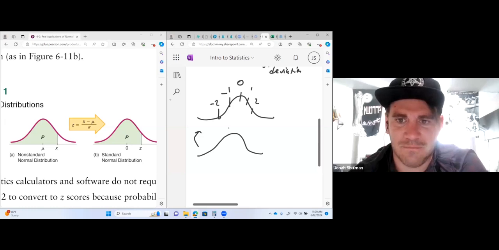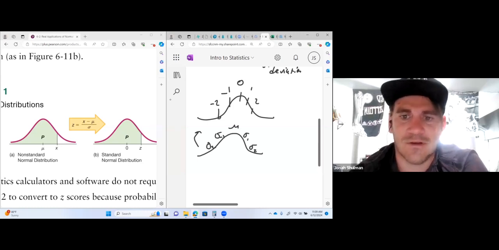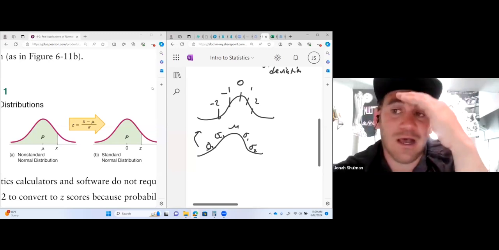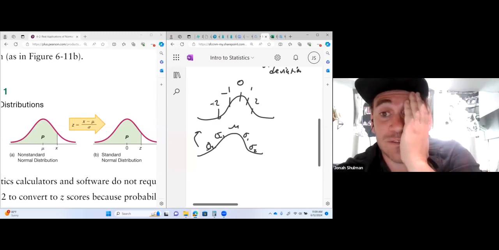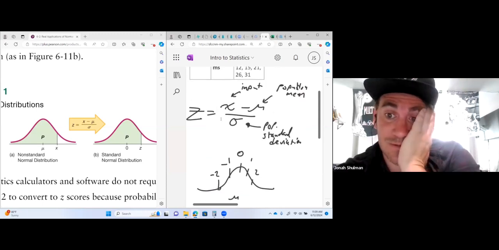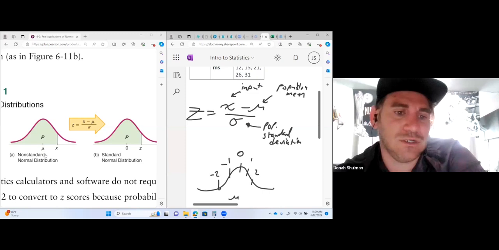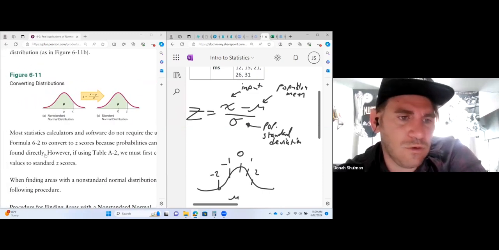So this one is our mean, and all of these are our actual standard deviations. That's all it's saying. So everything we did previously, as long as we do this little conversion, we can pretend it's standardized. That's what it's showing us. Cool.